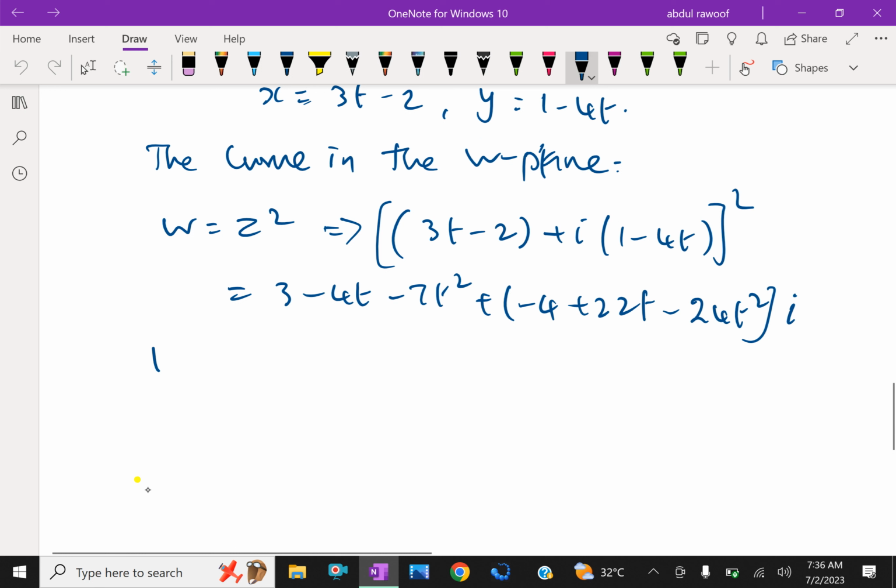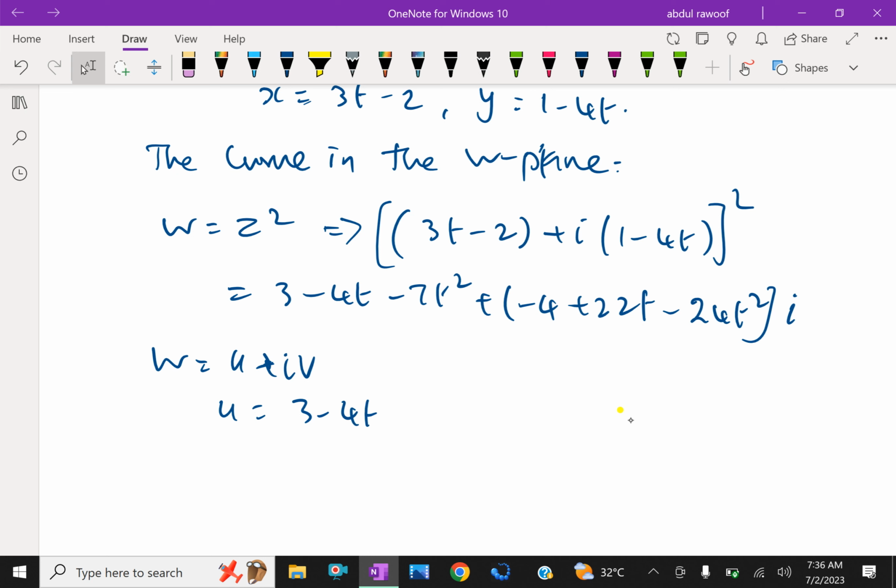Since w equal to u plus iv, u is this and v is this. So we have u equal to 3 minus 4t minus 7t square and v equal to minus 4 plus 22t minus 24t square.